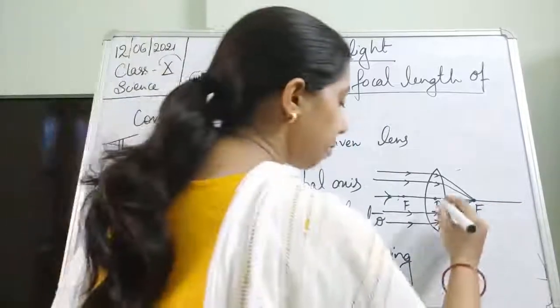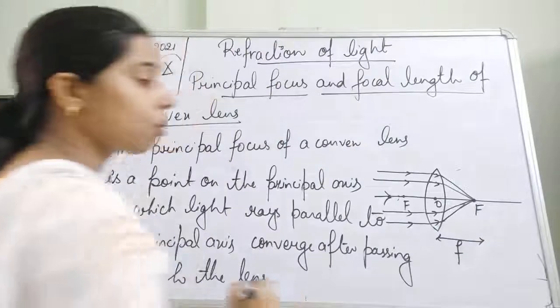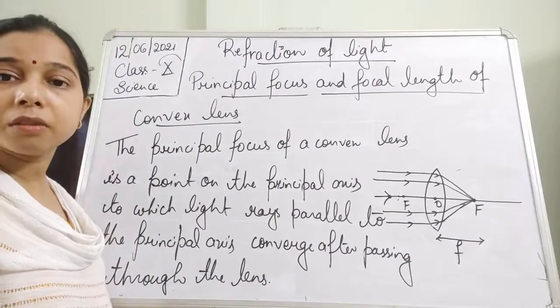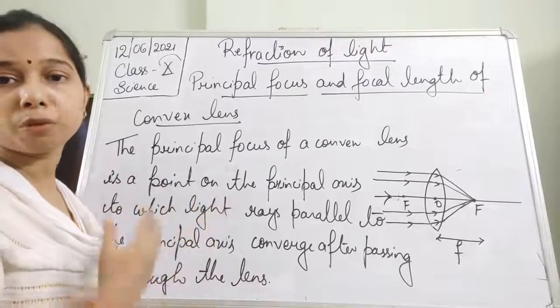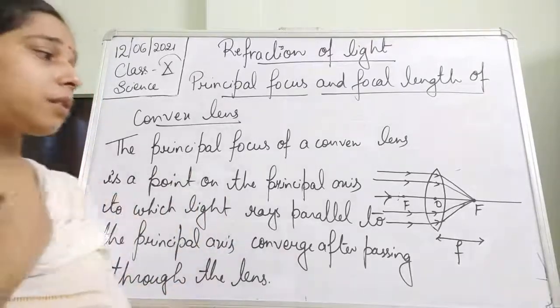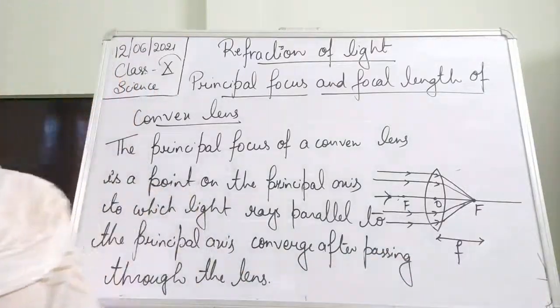So the distance from the optical center to the focus is called the focal length. Obviously, we have already seen this: the distance from the pole to the focus, we called it the focal length. Same thing here, the distance from the optical center to the focus is called the focal length.